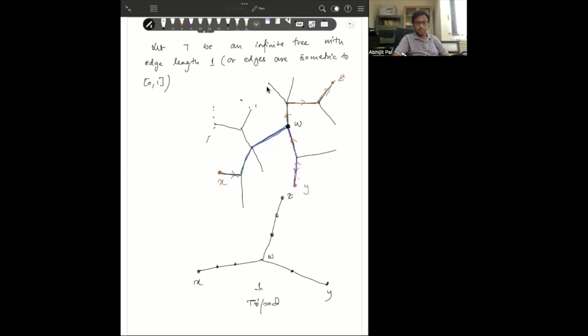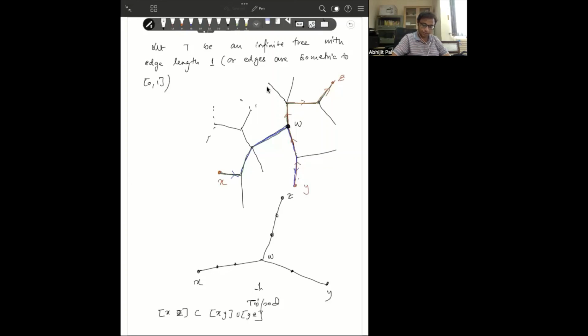Note that xz is contained in the union of xy and yz.